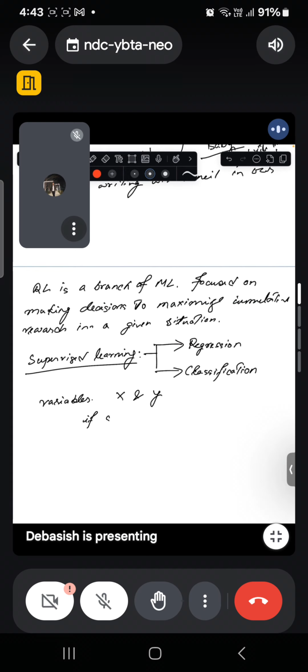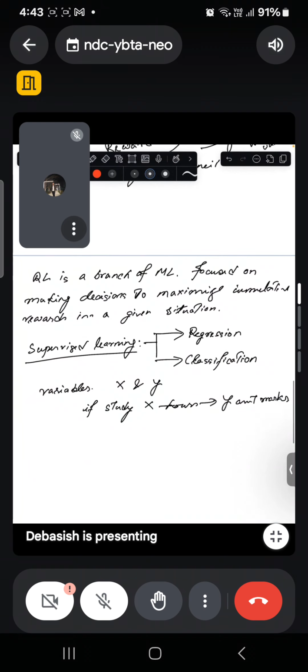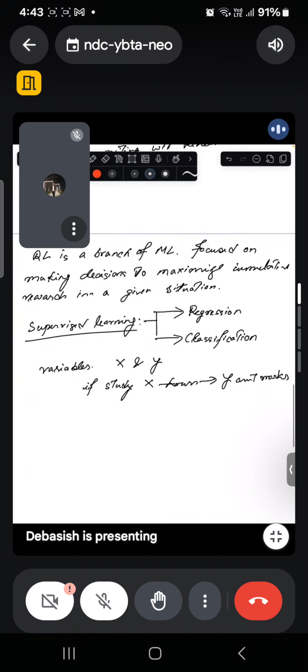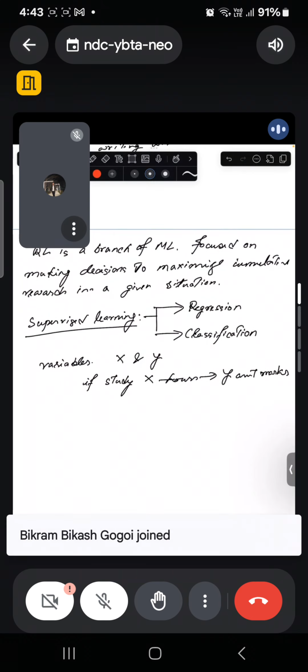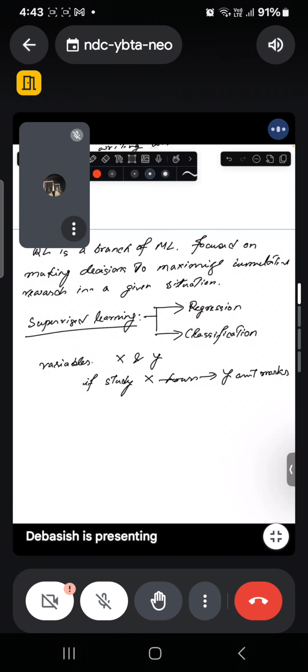If you study x amount of hours, then you will get some y amount of marks. We know from our basic knowledge that if you study more, then you will get more marks in the exam.